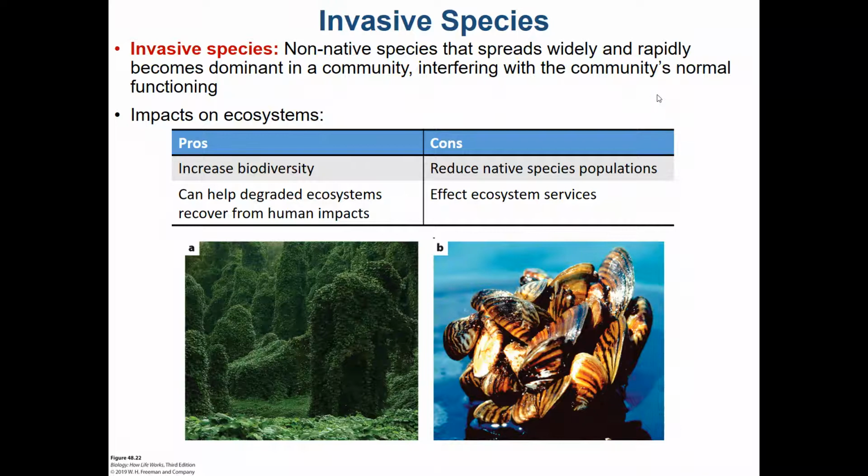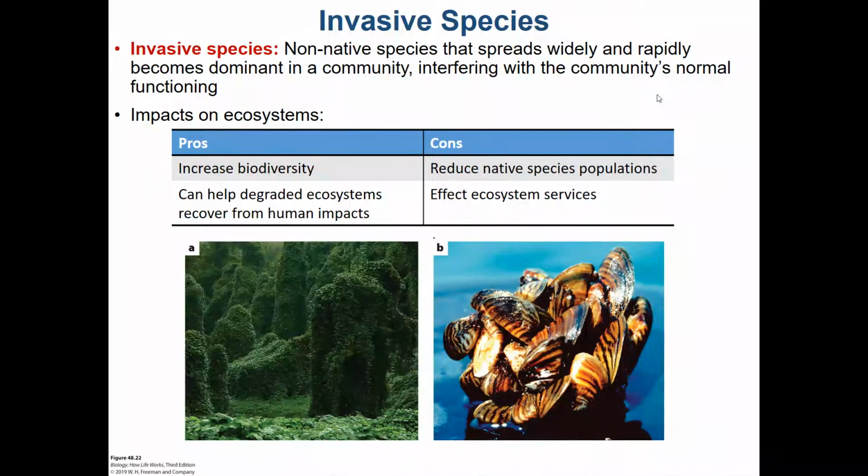So some of the impacts that invasive species have is they do increase biodiversity because you're adding a new species, right? But on the flip side, it can reduce native species populations and even cause some species to go extinct, so they can reduce biodiversity.